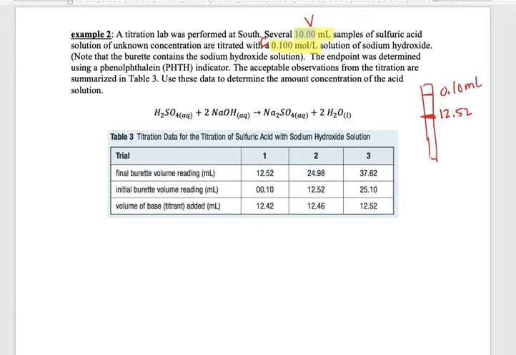So that's your V2. And then when you run another one, you keep using the same burette. So then at this point, you got all the way down to 24.98. And then sometimes you might find that you run out, so you got to fill the burette and start again, so you end up with new values here.